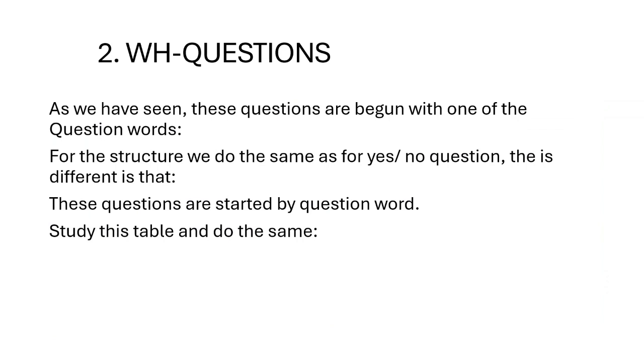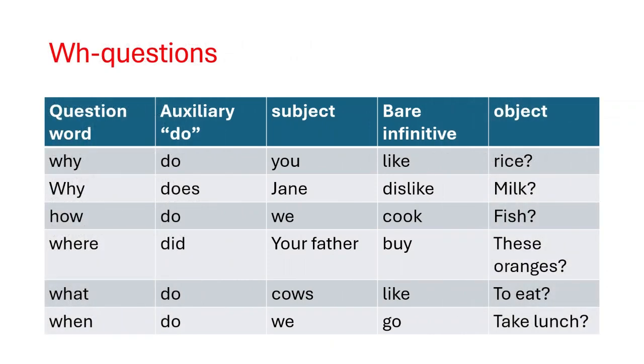The difference is that these questions are started by question words. Study this table and do the same. We have question word, we have auxiliary to do, we have subject, we have bare infinitive, and at last we have object. Try to read aloud the sentences and make your own sentence.